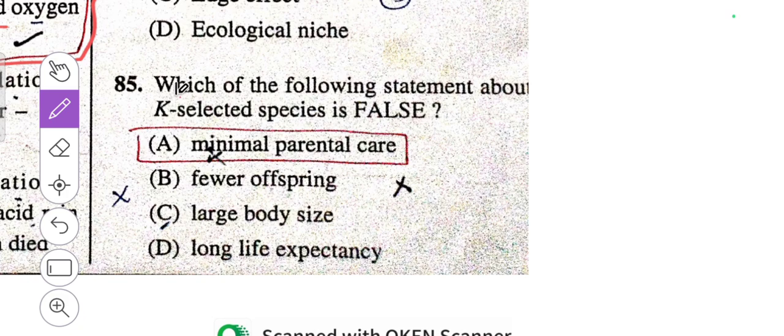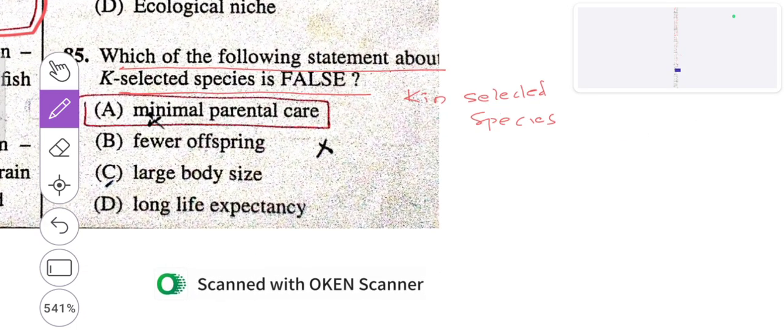So 85th, which of the following statements about K selected species is false? K means kin selected species. Some of the characters of this K selected species: they will be present in a stable environment.